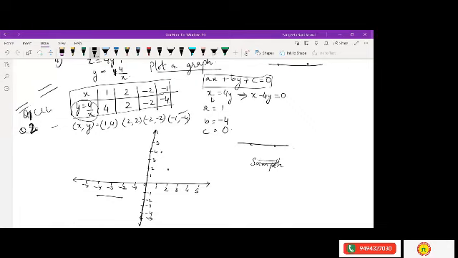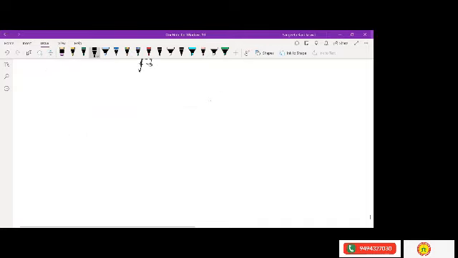So what do you do in this case? We have not taken the graph properly. Suppose we take the independent variable as y and the dependent variable x. So x equals 4y. For any value of y, we will get some value for x.